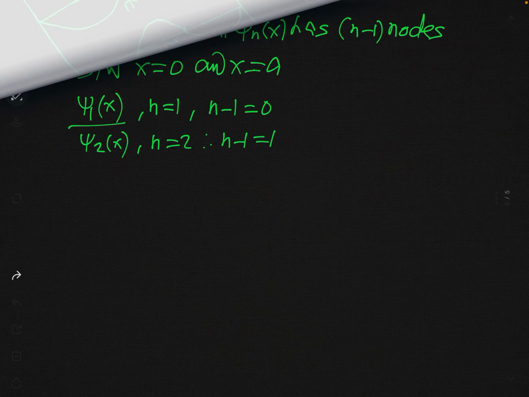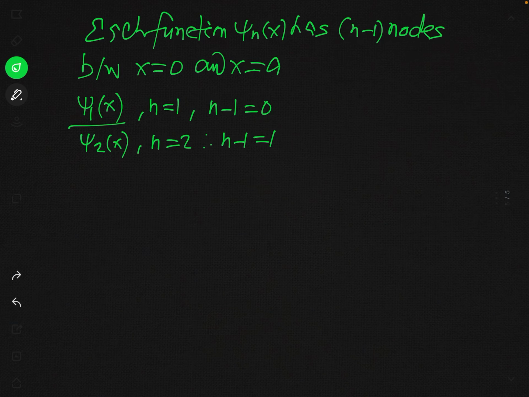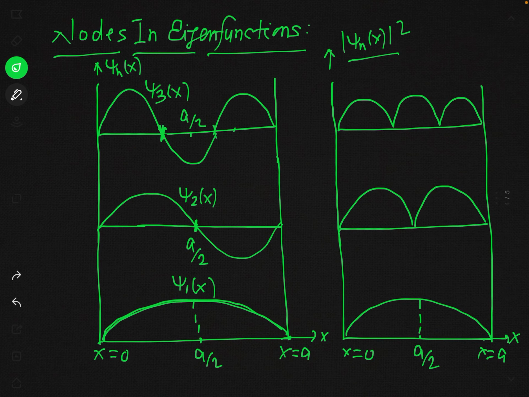And you can see in the first excited state, there is one node at x equal to a by 2. And when you see the wave function psi 3 of x, then n is 3, and for this n minus 1 will be 2, and you can see in this figure, there are two nodes at this point and at this point between x equal to 0 and x equal to a.